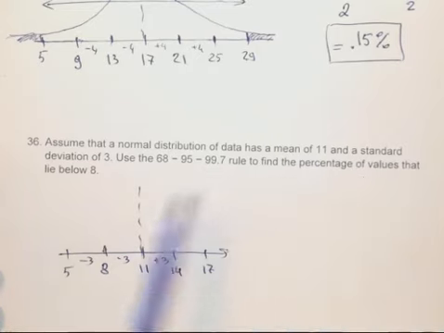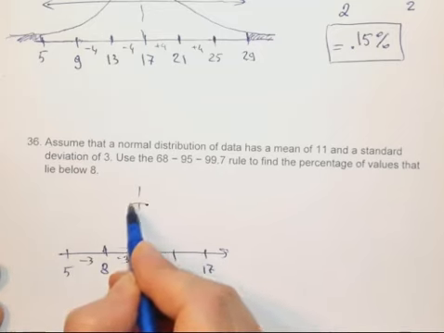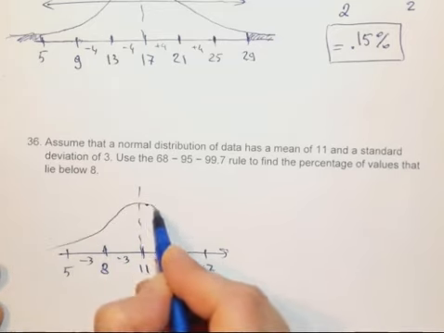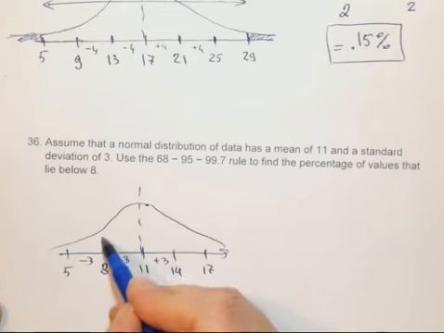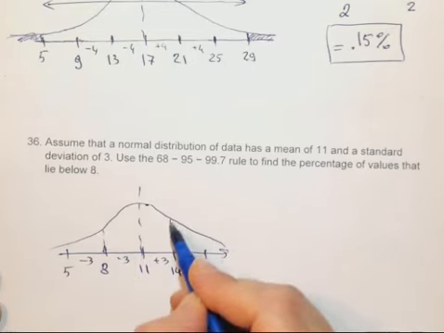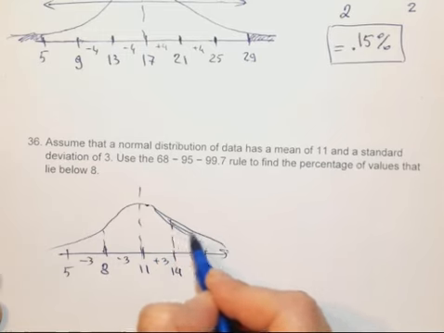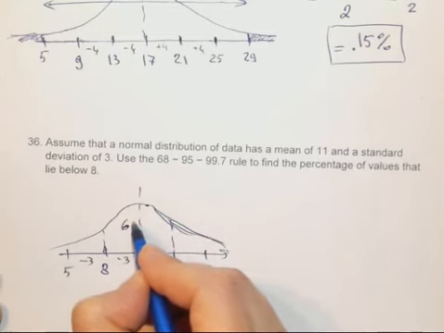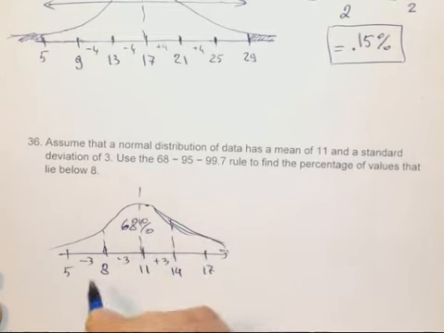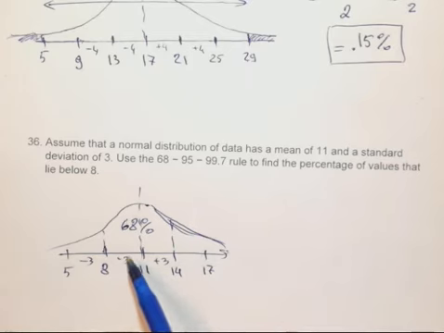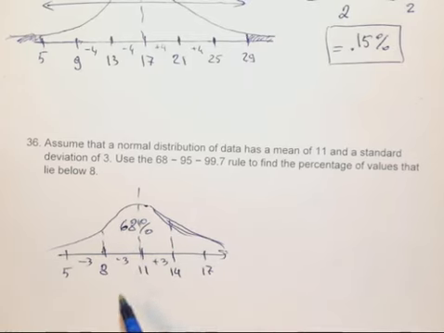Find the percentage of values that lie below 8. So between 8 and 14, not symmetric, 68% within one standard deviation from the mean.